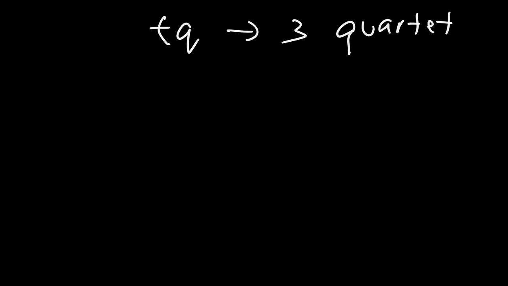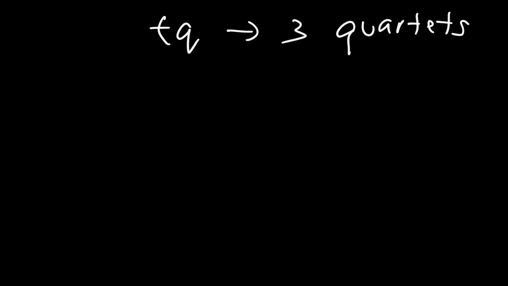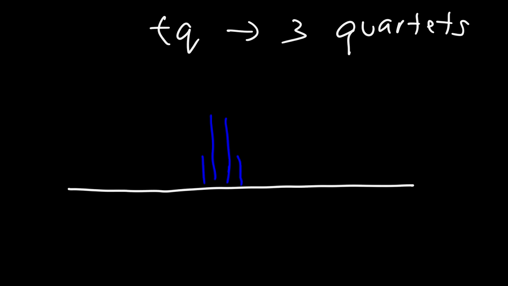Now let's talk about a triplet of quartets. So this means we have 3 quartets. So here is the first quartet. Let me draw a straighter line. And here is the second quartet, which is smaller than the one in the middle.